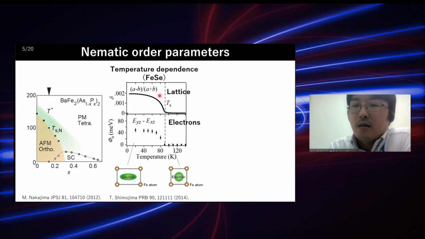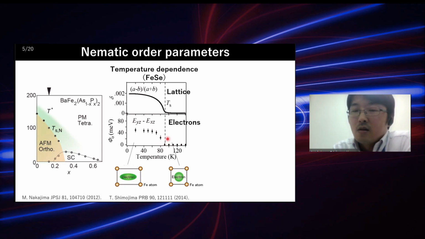And here is the temperature dependence of the order parameters in the lattice and electrons in the case of iron selenide. The nematic phase transition temperature is 90 Kelvin, and the lattice parameter shows this kind of increase, and the energy difference between the YZ and XZ orbital bands shows a similar evolution.